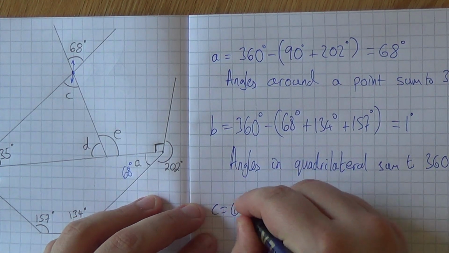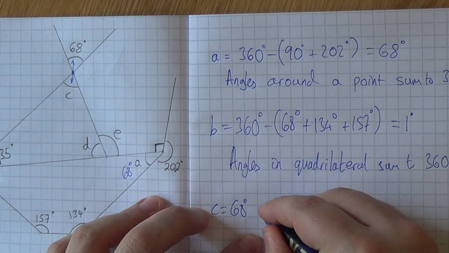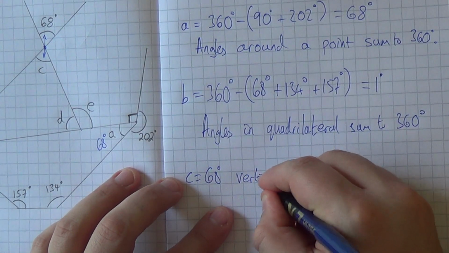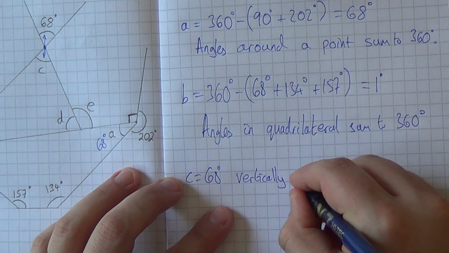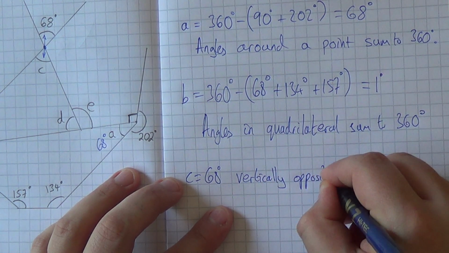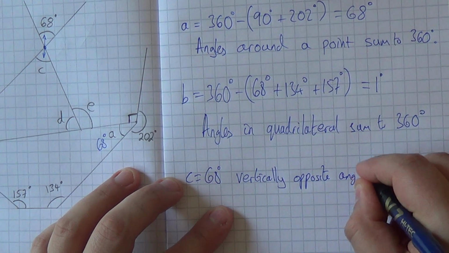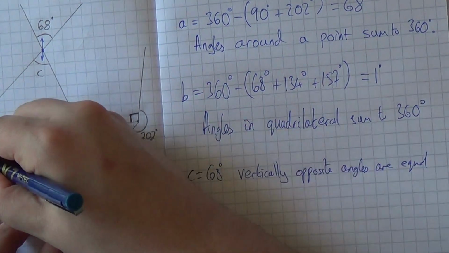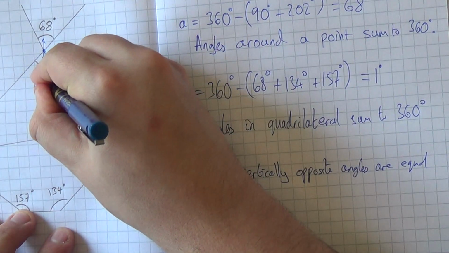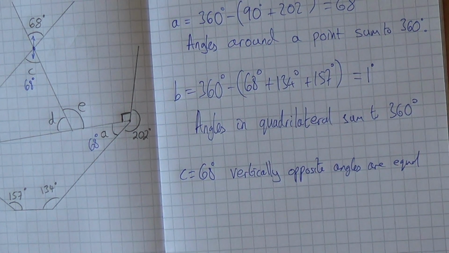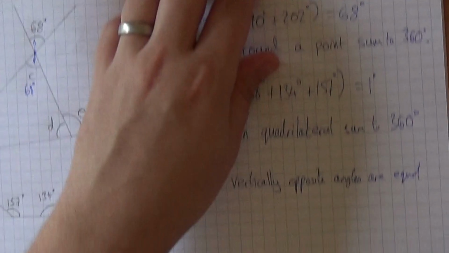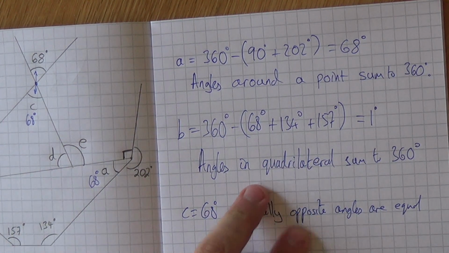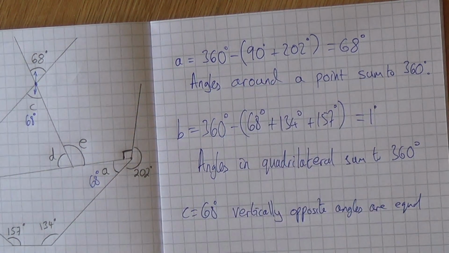So C is 68 degrees, and the rule was vertically opposite angles are equal. So I've got a 1 degree in here and I've got a 68 degrees in here. Alright, so we're writing a calculation where one is required, and we're not when it's just the same, and we're always writing a rule to make sure we get full marks on any question.